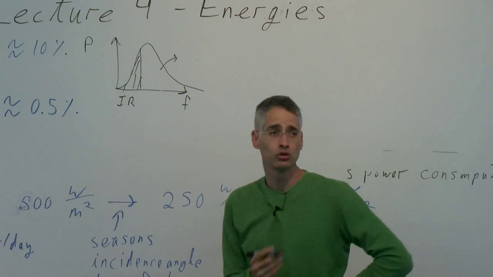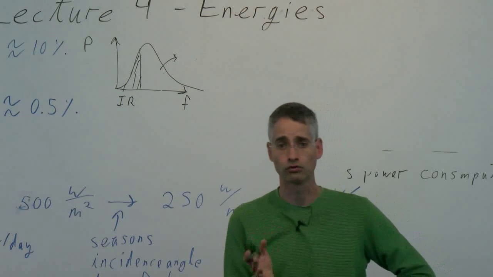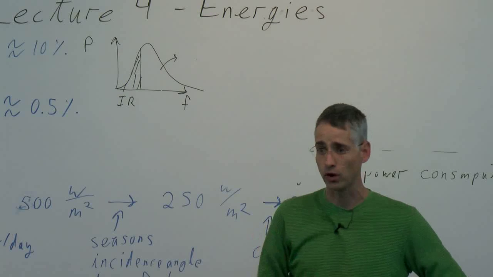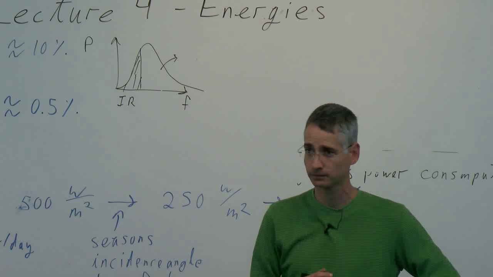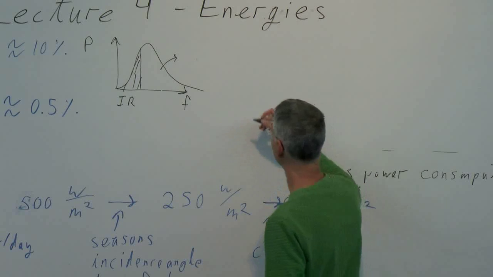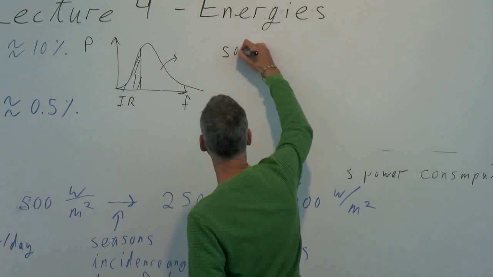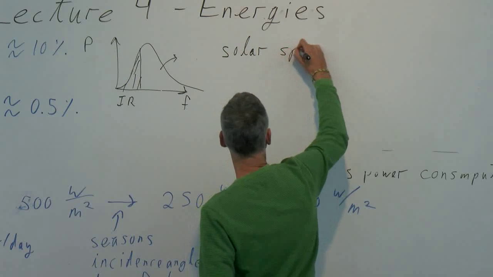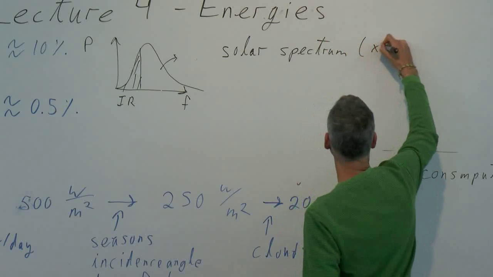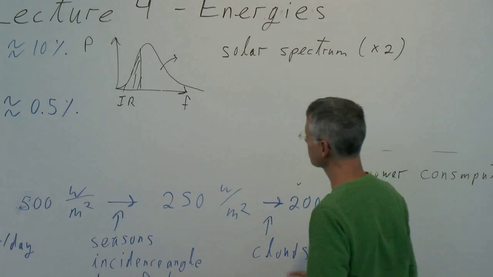By that, you're losing about a factor of 2 already. About half of the radiation could not be used because it's not in a wavelength that could be utilized. So that's where we're starting, first of all, in terms of the solar spectrum. It gives us about a factor of 2, roughly.